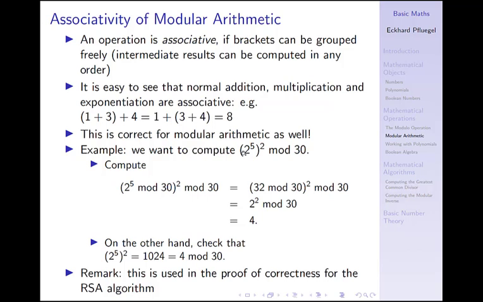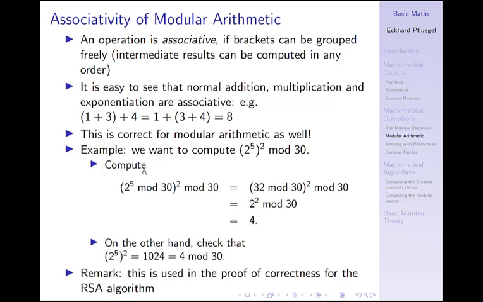The question is, can we do the modulo operation in the intermediate stages cleverly so that our results remain small and it's easier to compute? You can do this because of the property of associativity. Otherwise, it wouldn't be possible. But I can tell you, yes, feel free to do it. It will work.